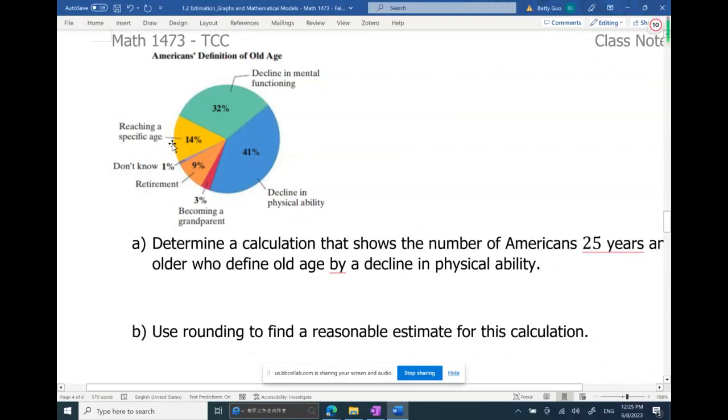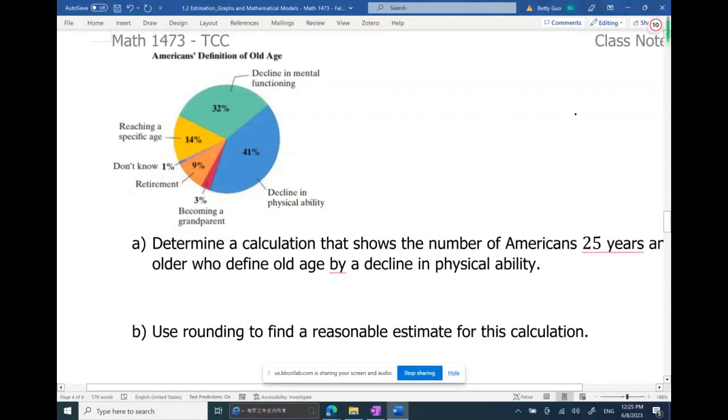And 14% see old age as reaching a specific age. And 1% don't know. 9% see retirement as old. 3% define old age as becoming a grandpa or grandma. And 41% of the participants see old age as decline in physical ability.